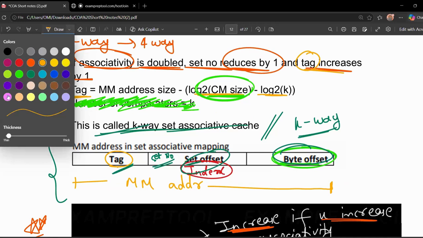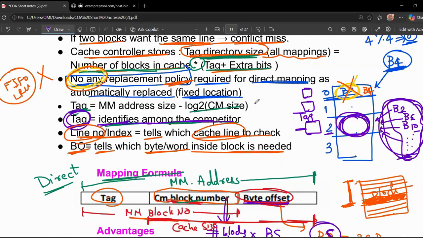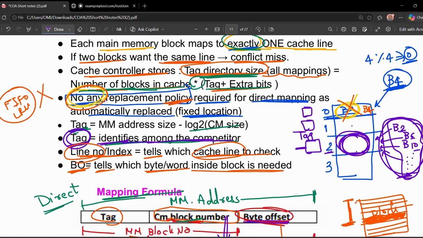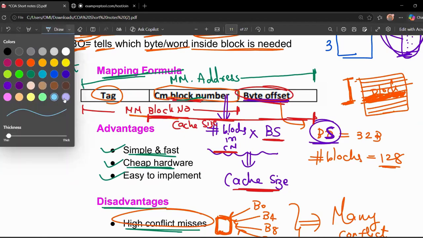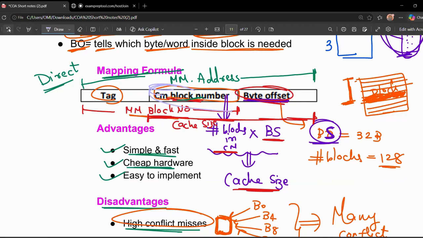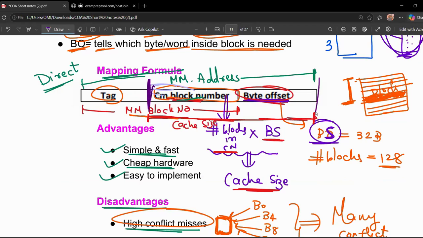Now see this. I told you I will discuss this point. So tag will be main memory address minus log of cache size minus log k. What does it say? As in direct mapping, which we have seen, from here to here will be your cache size.